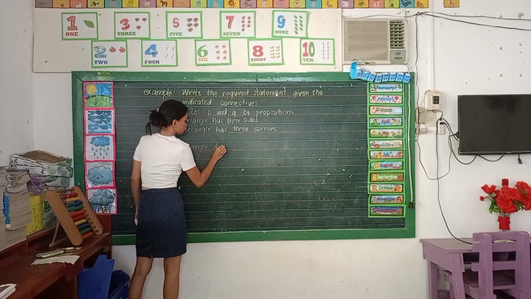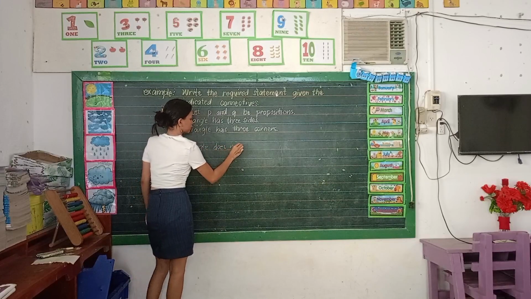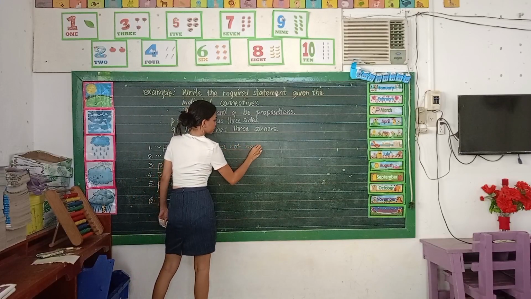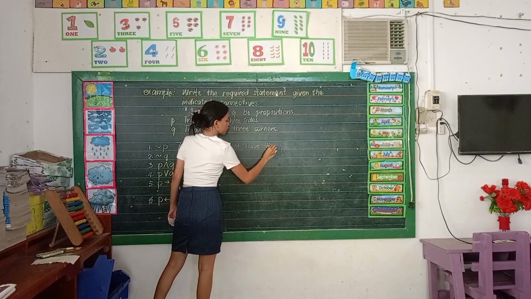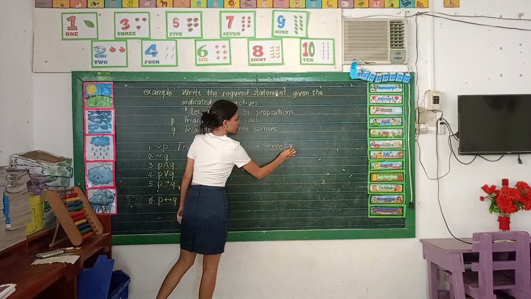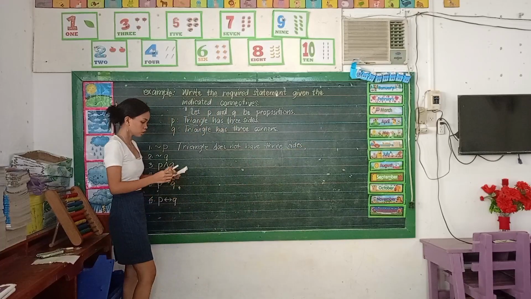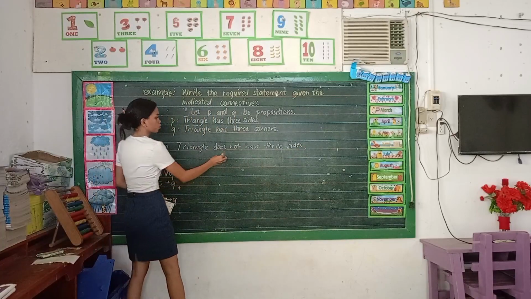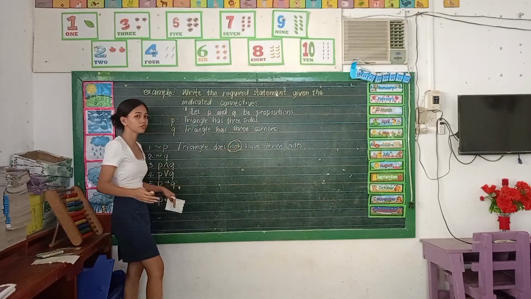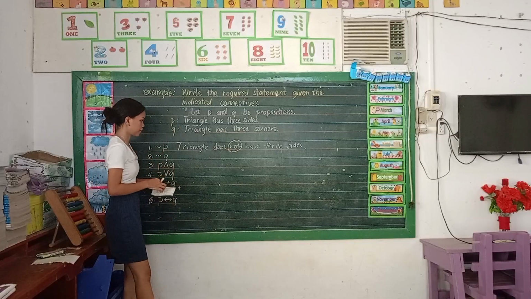the triangle does not have three sides. So our connective here is the word not. Therefore, the statement has been negated.